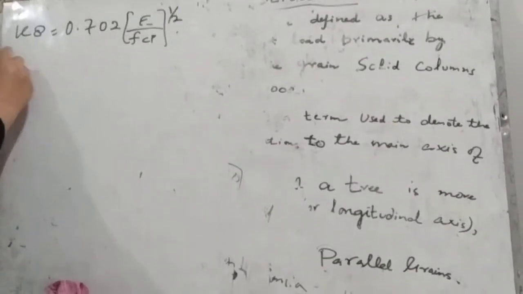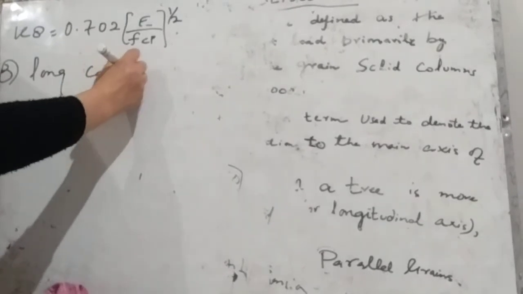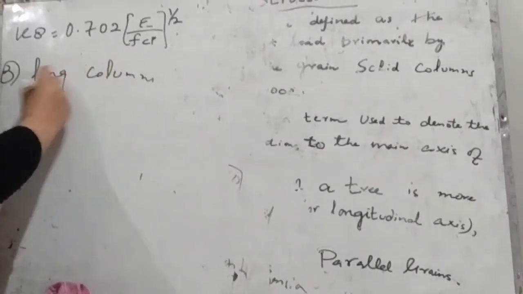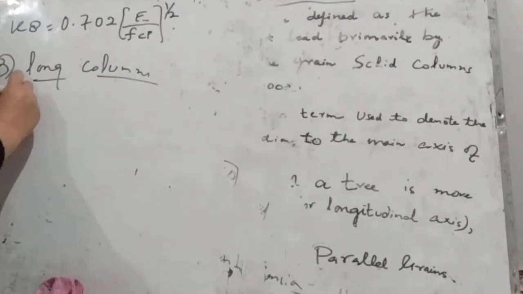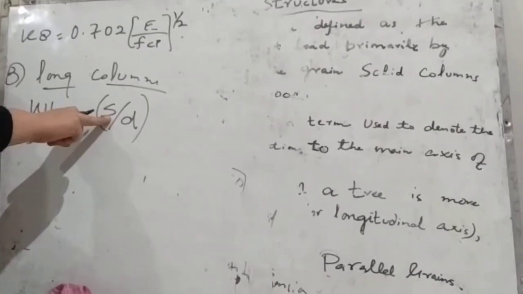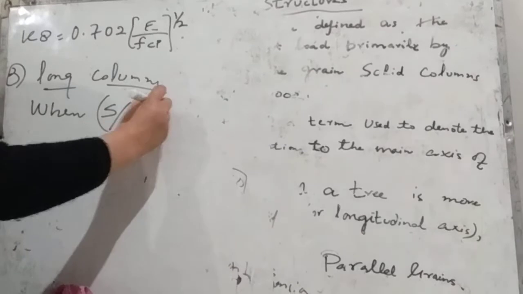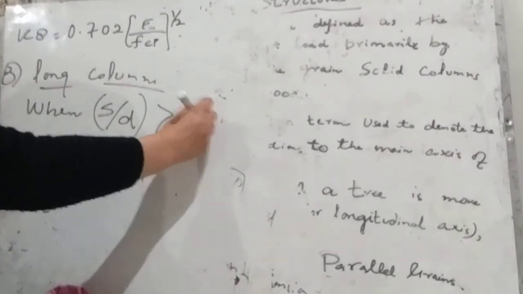Now your long columns. Long columns are defined as the columns when your slenderness ratio, that is S by D, unsupported length or effective length divided by least dimension of the column, is greater than K8. It's termed as long columns.